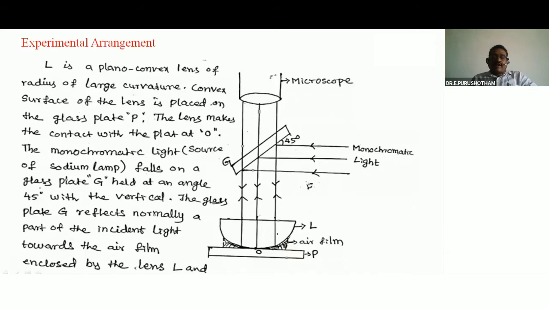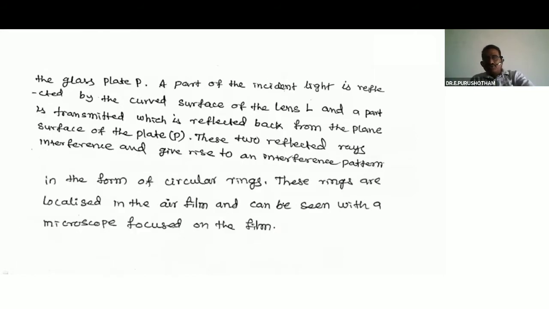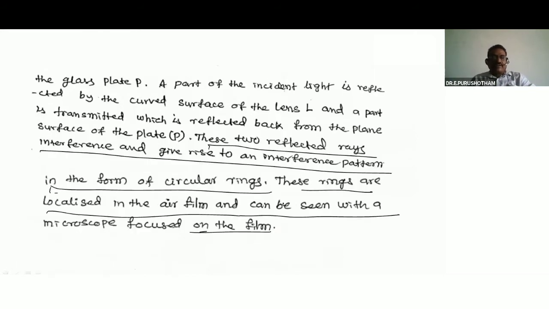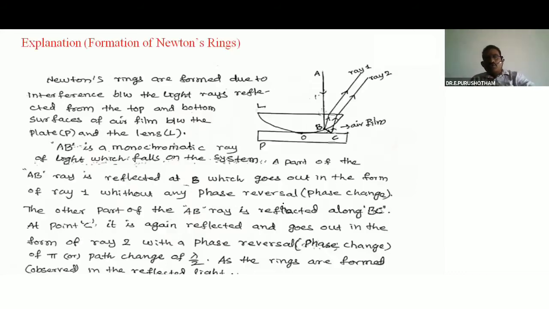Through the air film, some part of the rays is reflected and the remaining part is transmitted through the air film and also reflected as ray 2. These rays superimpose on each other and give rise to circular bright and dark rings. These rings are called Newton rings. We can observe these rings in the air film using the microscope M.